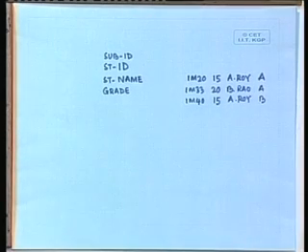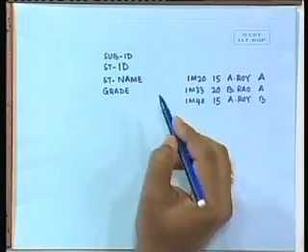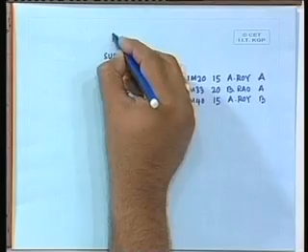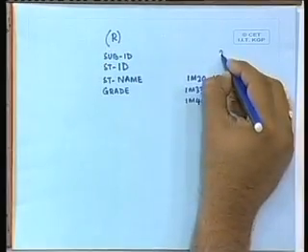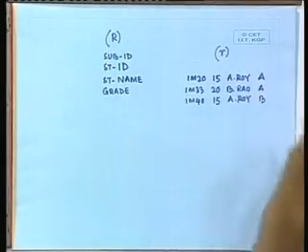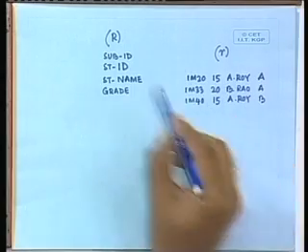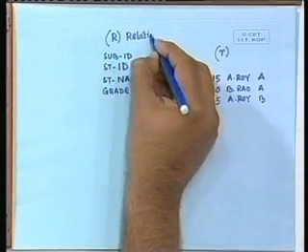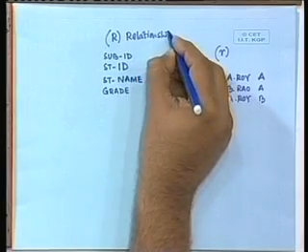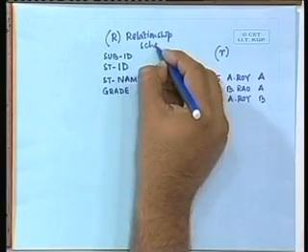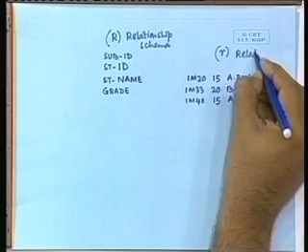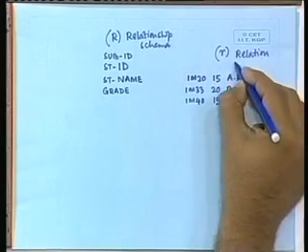Think about this. We have shown some tuples, and this is a relationship schema R. See, we differentiate it this way. This is a relationship schema, and this is a relation. I think you are understanding.